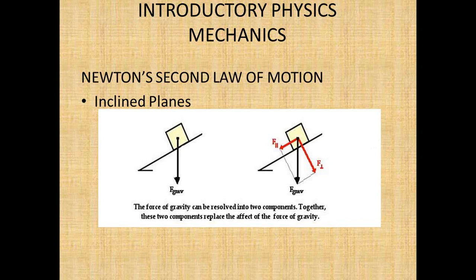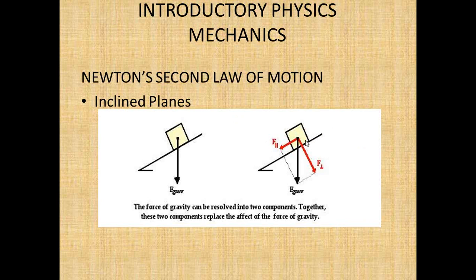So we can resolve the force due to gravity into two components. We can resolve the force due to gravity, which is going straight downwards, into what we call a parallel component, parallel to the inclined surface, and then a perpendicular component, perpendicular to the incline.